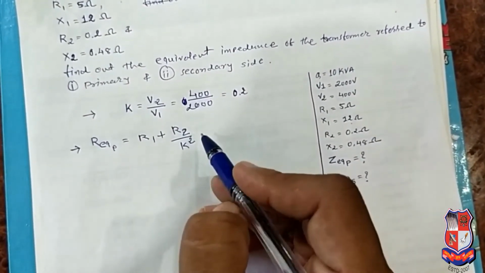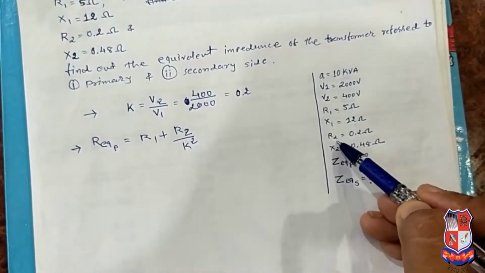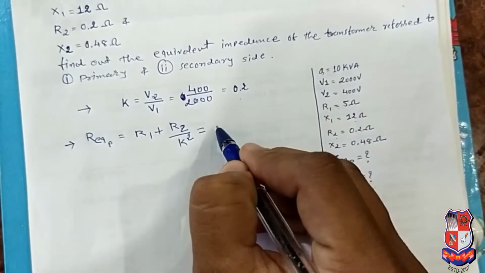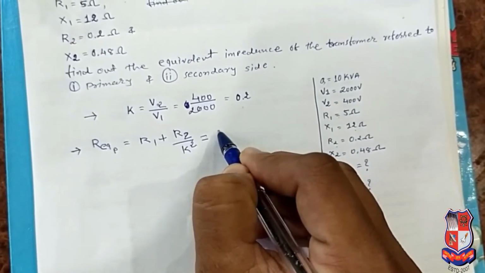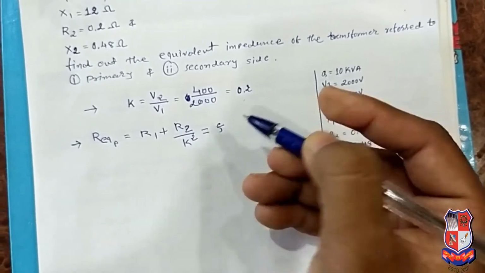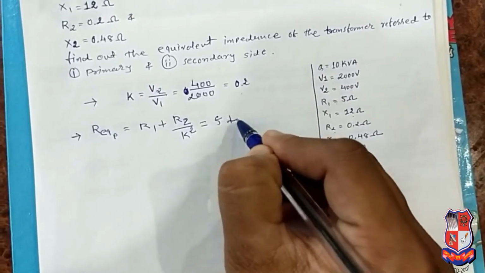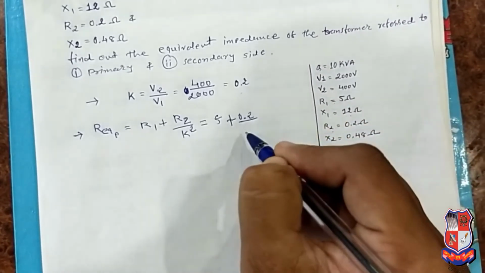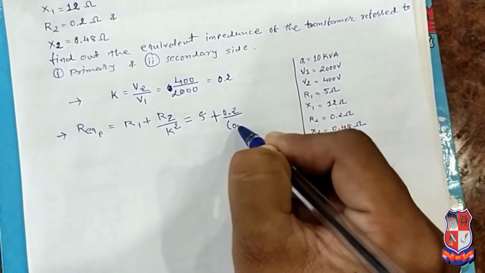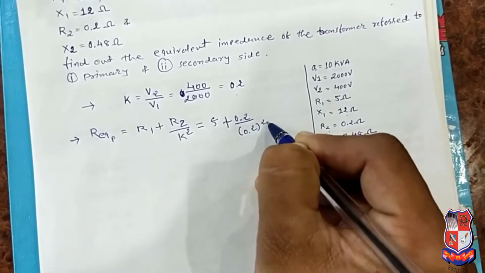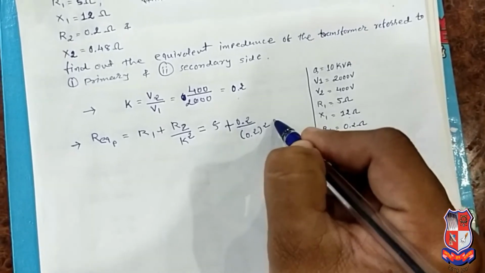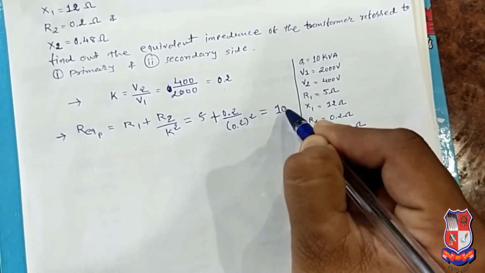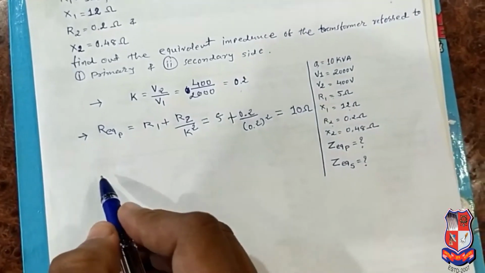Similarly, we have all the values R1, R2 and K. Now simply put the values in this equation and we get the result: 5 plus 0.2 divided by the whole square of 0.2. The answer is 10 ohm.